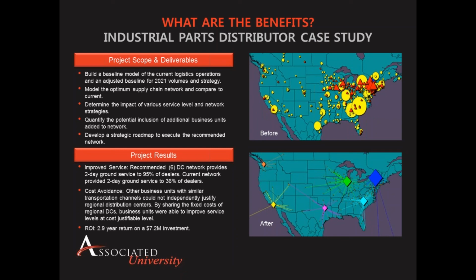The other thing that we were able to test and identify in the model was really just the flow and the strategy of what each DC should do in the network. So we were able to identify that we wanted to keep the Northeast DC, it was located close to manufacturing, keep that distribution center, let it operate not only as a regional DC to service the Northeast, but also as the hub for slow-moving items, so it could restock the regional DCs.